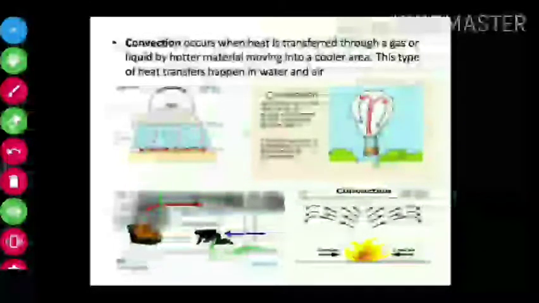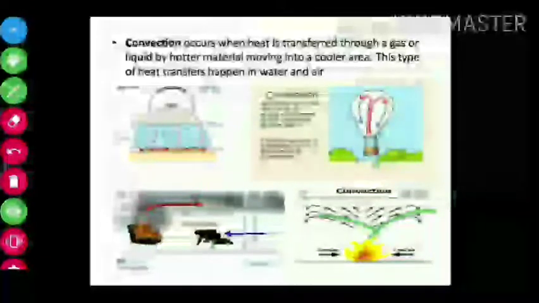In convection, another picture is given. Here what is happening? There fire is burning. When fire is burning, the hot air will go up, and there the blank space will be there.